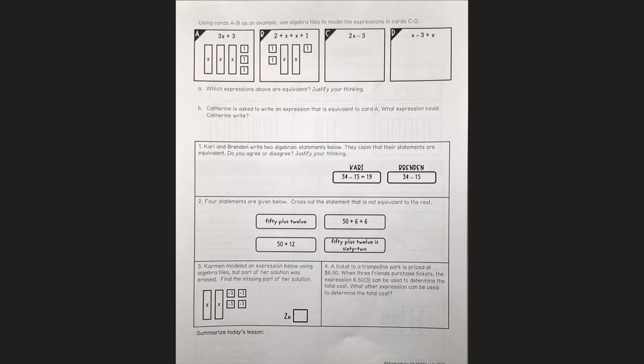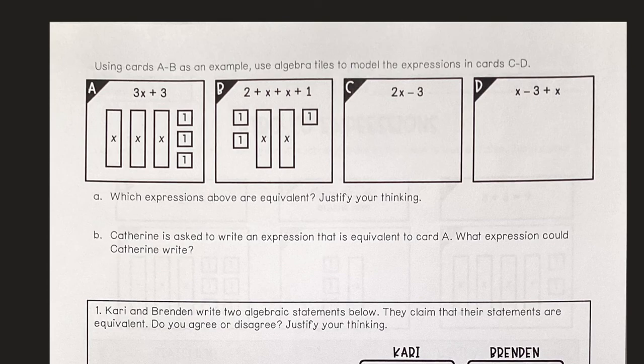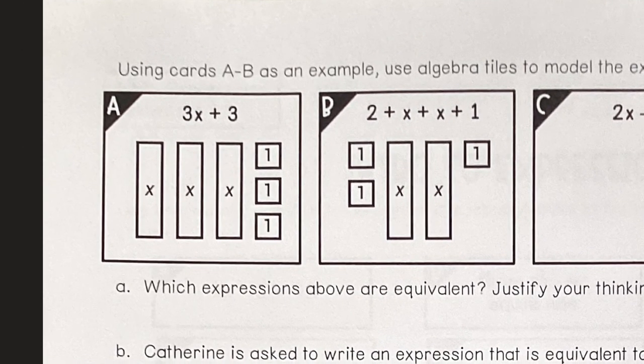Now, flipping to your next page, we're just going to do the top part together, and then I'm going to have you guys work on this by yourself. So it says, using cards A through B as an example, use algebra tiles to model the expressions in cards C through D. So, for A and B, let's look at this closely here. I have this expression, 3x plus 3.